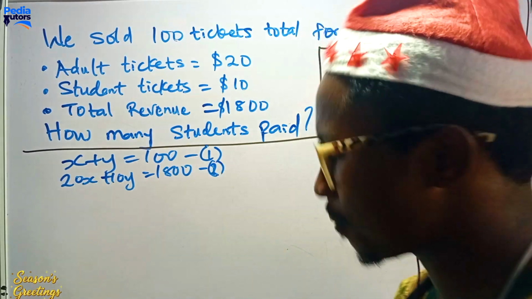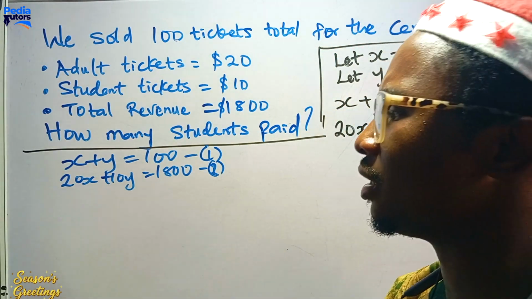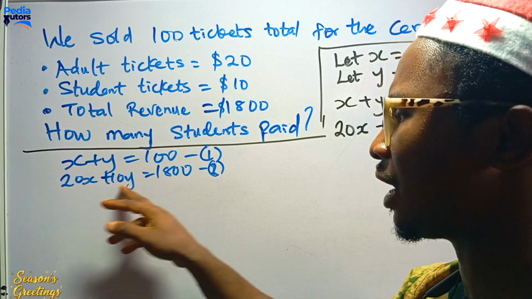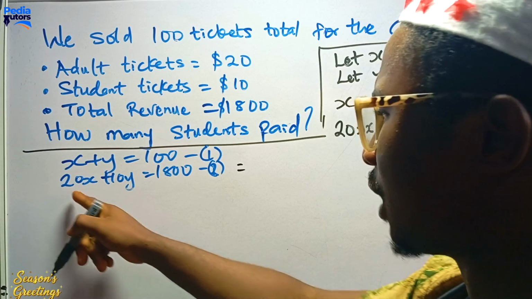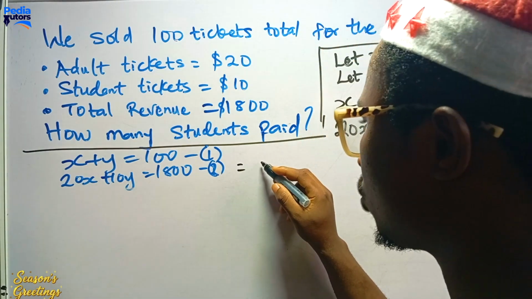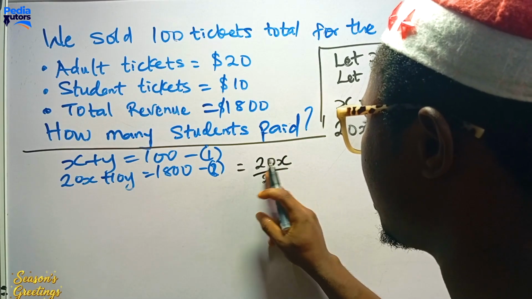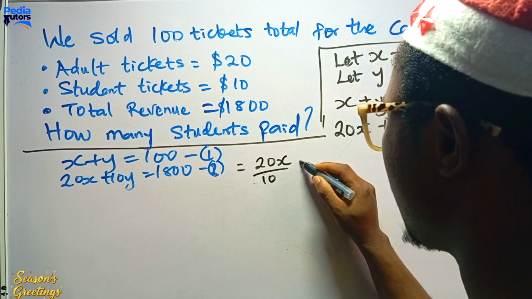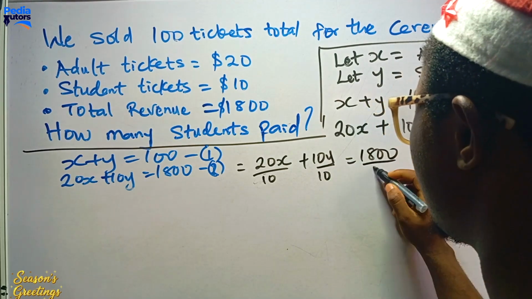The first thing we should know is that we can simplify the second equation by dividing all through by 10. That gives us 20x over 10 plus 10y over 10 equal to 1,800 over 10.